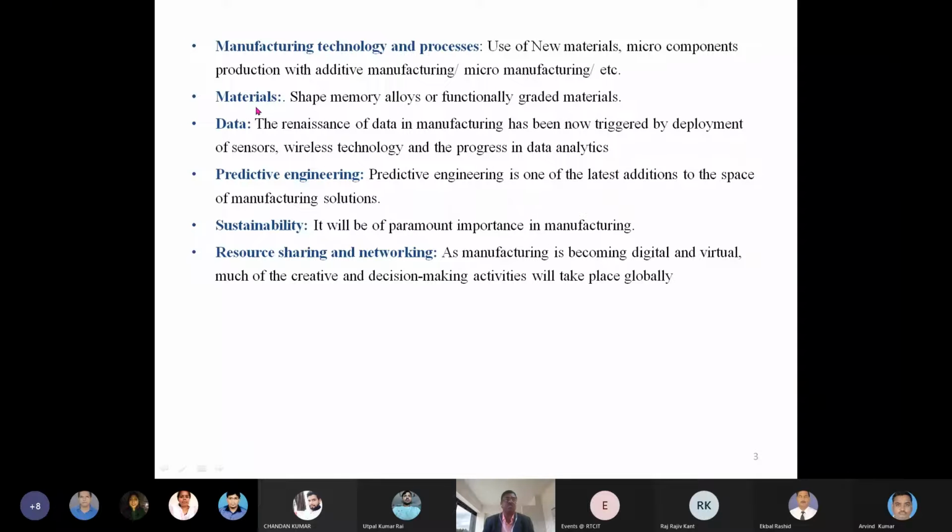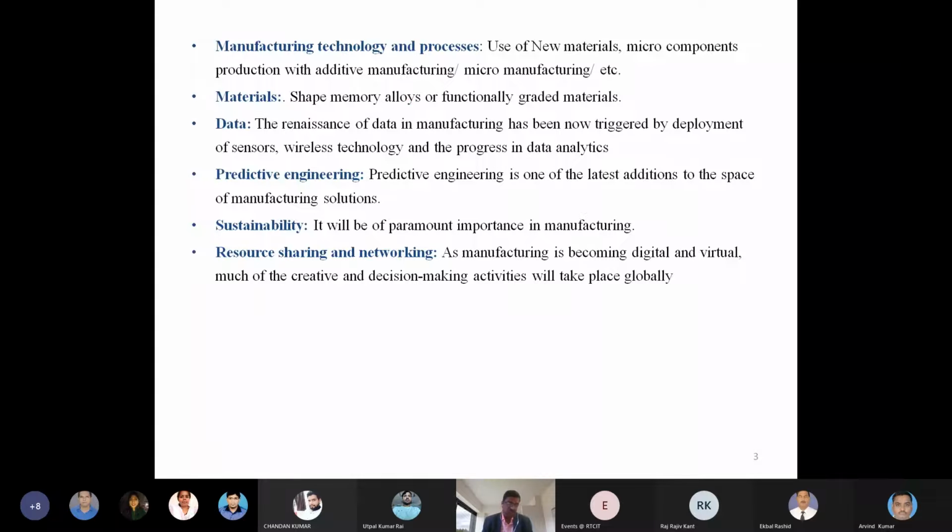And of course the materials. As material development technology comes up day by day, we have a large kind of materials which are very hard to machine, and we need to deal with such materials, and also materials like shape memory alloy and functionally graded material.